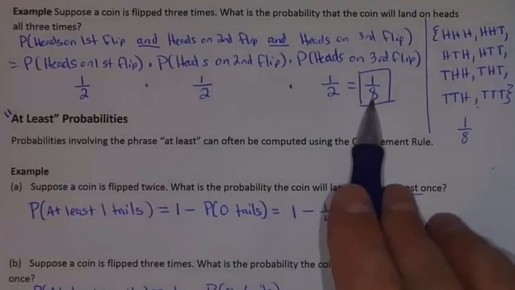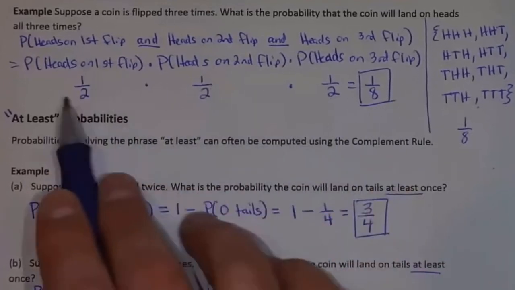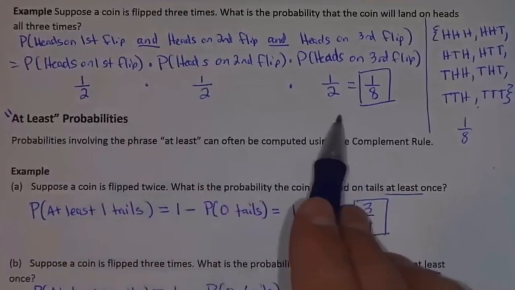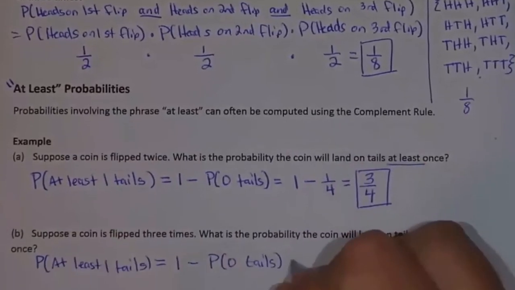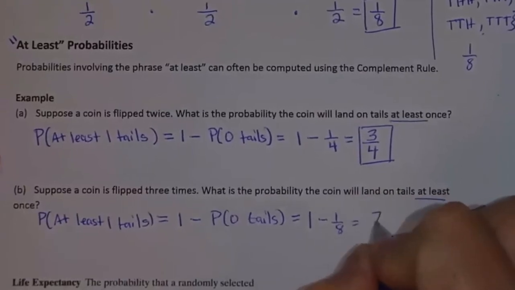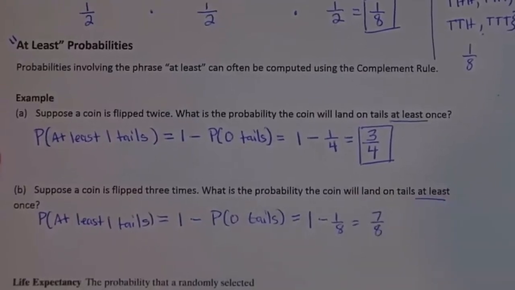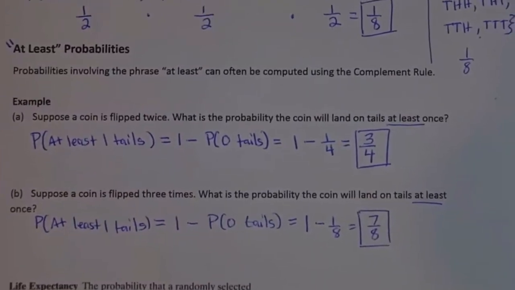Up here, we figured out that the probability of all 3 flips being heads, which is equivalent to saying there's 0 tails, is 1/8. So we would have 1 minus 1/8, which would be 7/8. So the probability of at least one tails would be 7/8.